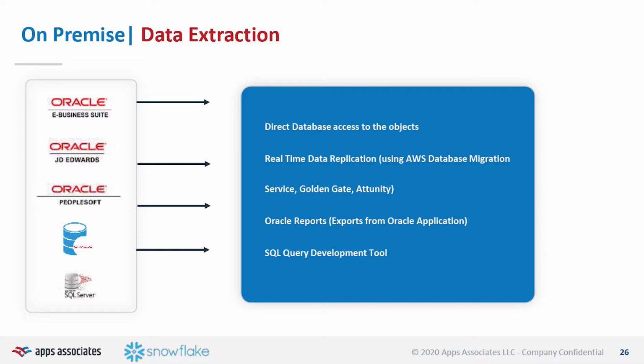In each of these cases, depending on the kind of automation or processing that we need from the different on-premise systems, we adopt an approach that would work for the customer.